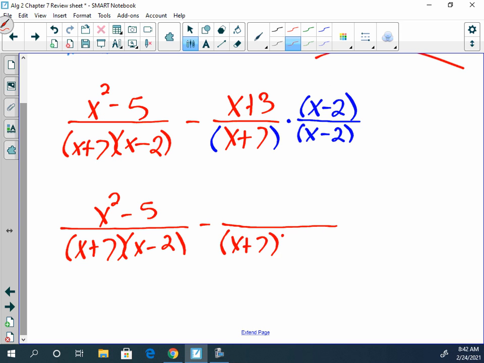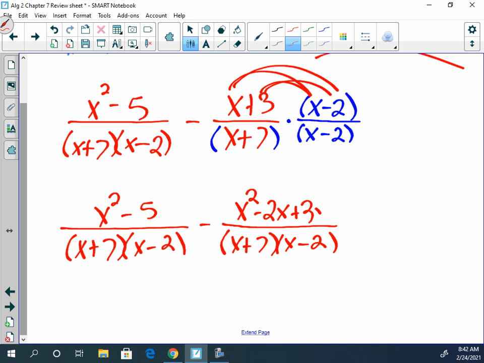Now the one on the right we're going to have to multiply by x minus 2. Go all the way through. x times x would give us x squared, x times negative 2 would be negative 2x, plus 3x minus 6.